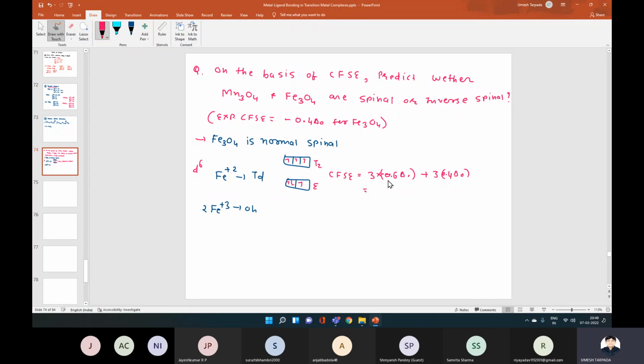So you have 3 into 0.6, 1.8 minus, and 1.2 plus. So the net answer becomes minus 0.6 octahedral.